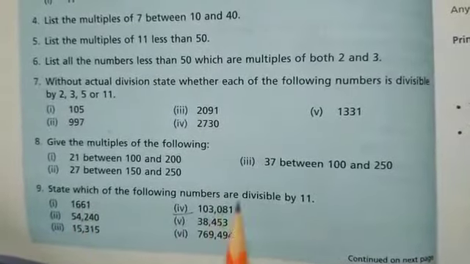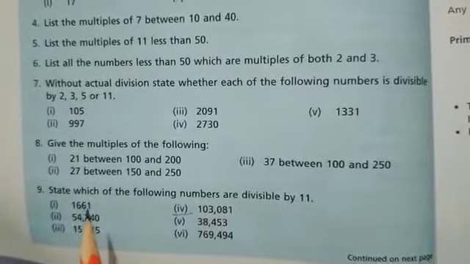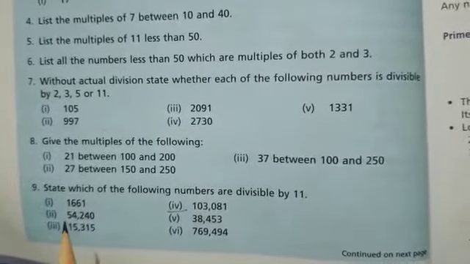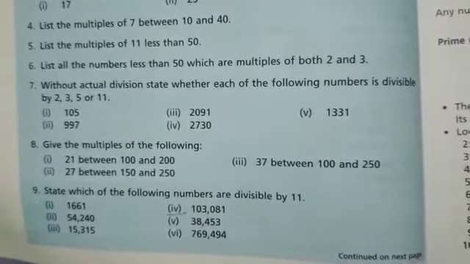Question number 9. State which of the following numbers is divisible by 11. It is impractical to divide each number and then say it is divisible by 11, but there is an easy method.